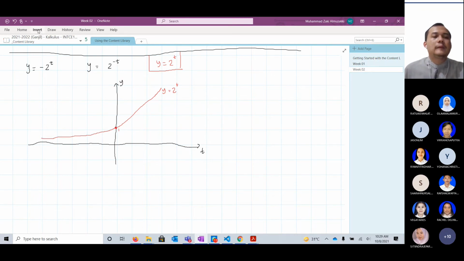Okay. Now, let's take a look at y equals minus 2 power t. So we have the graph of 2 power t. If we multiply 2 power t by negative, what happens to the graph?